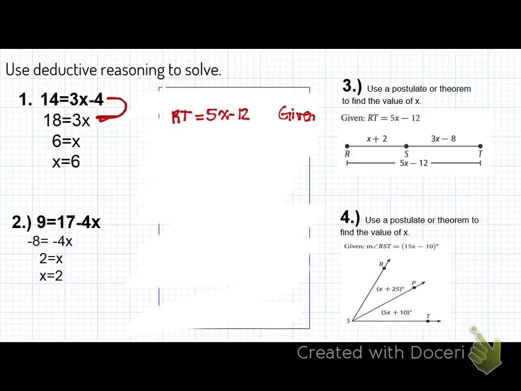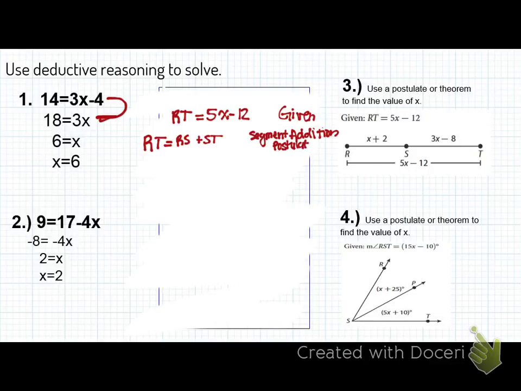So RT is equal to RS plus ST. What postulate is that? Segment addition postulate. Right? We know this is true, so we would write that down as our proof.